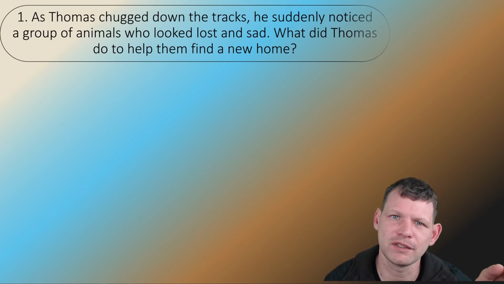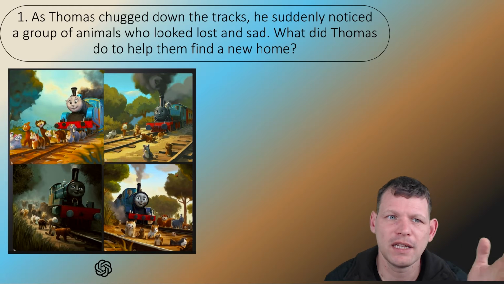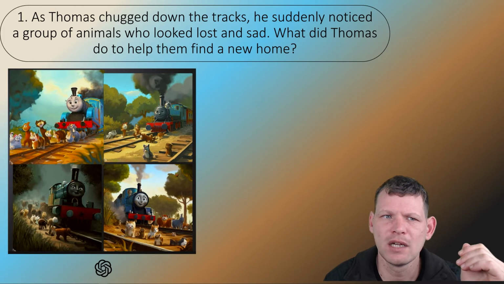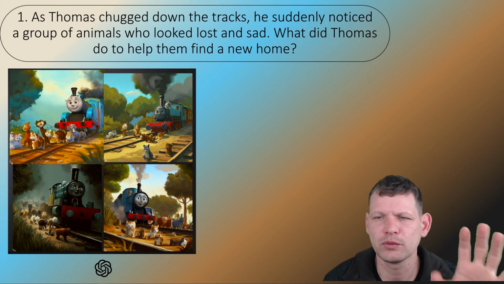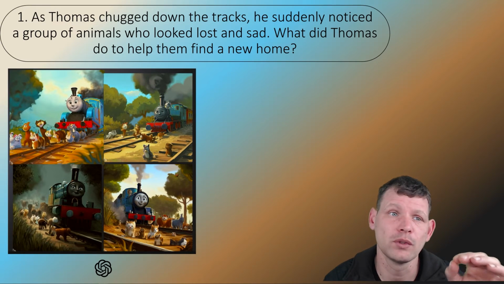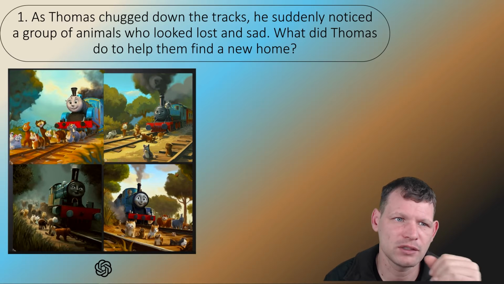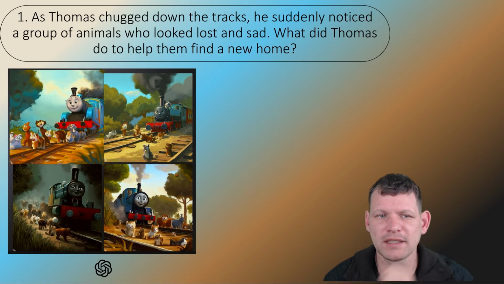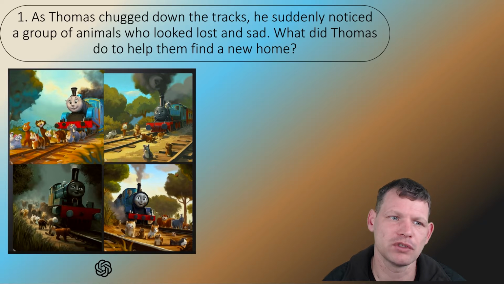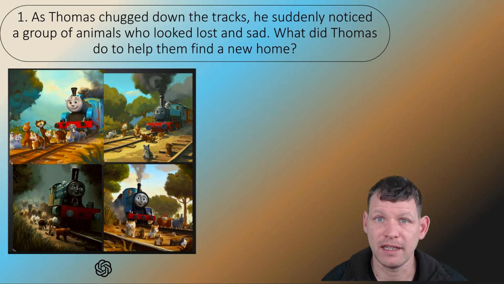The first suggestion by ChatGPT was, as Thomas chugged down the tracks, he suddenly noticed a group of animals who looked lost and sad. What did Thomas do to help them find a new home? We see Bing encapsulates the first part of this. It's chugging down the track, there's a group of animals. Bing did a pretty decent job here with putting animals on the track, and we have Thomas the train there.